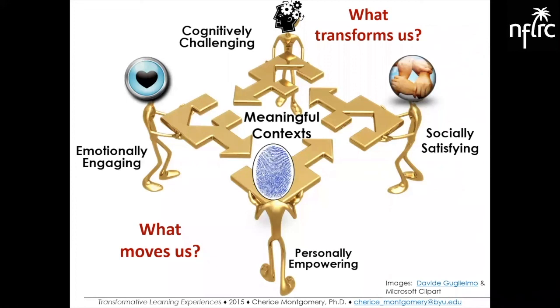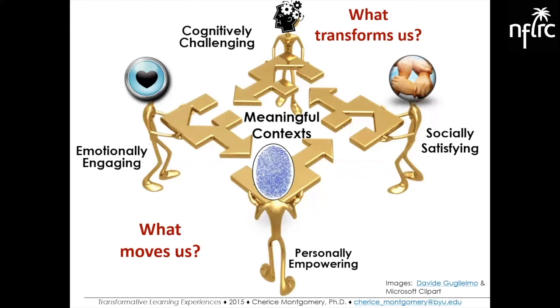They need to be emotionally engaging to students. So it's not good enough to just say, oh, I want to do this project because it lets my students use all of these skills. We need to find the emotional hook in each project that students can get excited about. We need opportunities for collaboration, which is the socially satisfying piece, and personal empowerment, where they really experience success as they go, and scaffolding will play a huge role in that.